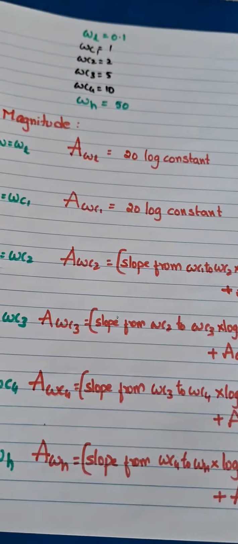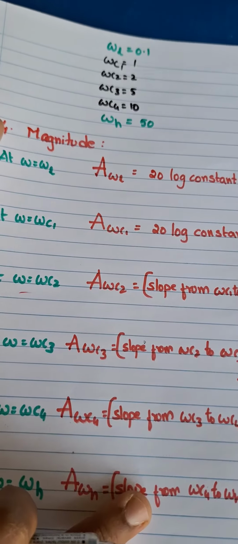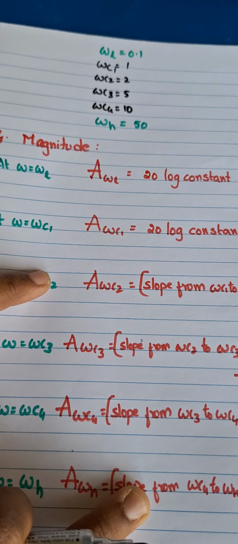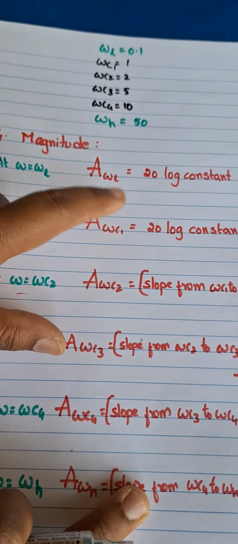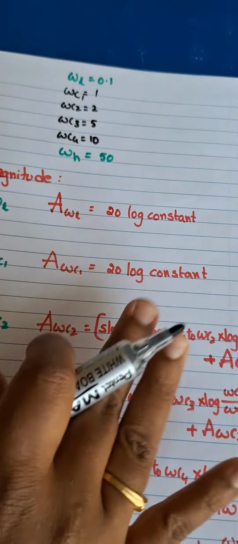So these are our formulas. All are the same. You should understand the concept. Slope from here to here into log of highest by lowest plus previous magnitude. In the same way for everything. First two will be 20 log constant.